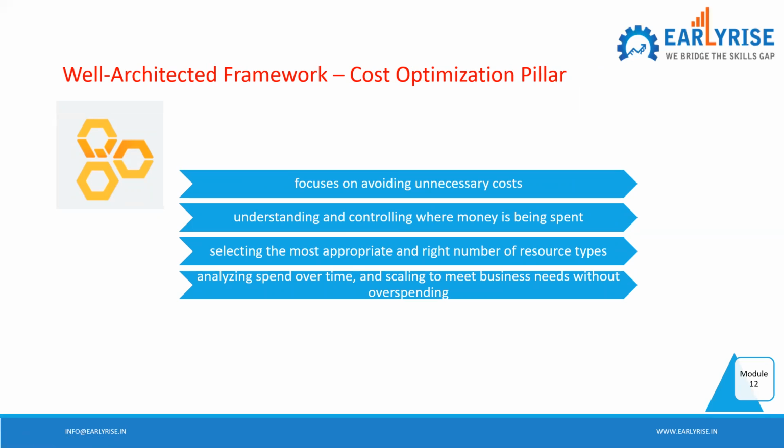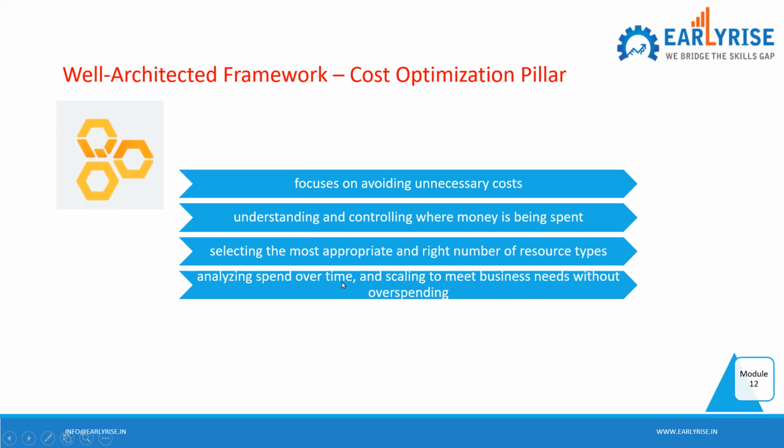How many CPUs do you really require? How much RAM do you really require? How much storage do you really require? Say you got 5 terabyte of storage and now you're keeping 500 MB of data in that. So unnecessarily you have paid for 5 terabyte storage and now you're keeping 500 MB of data. Is it making any sense? No, right? So you should have the most appropriate and right number of resources.